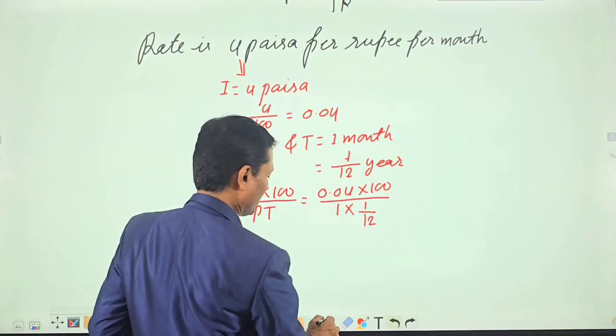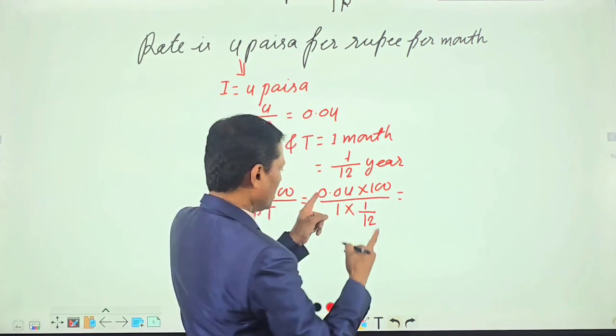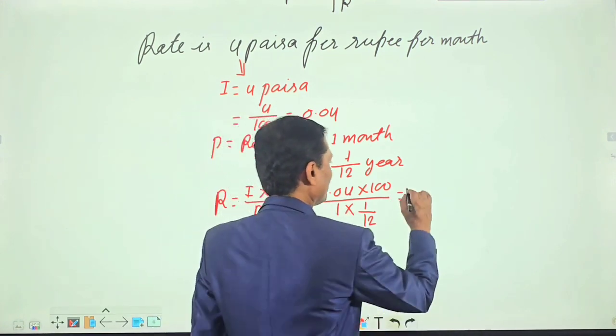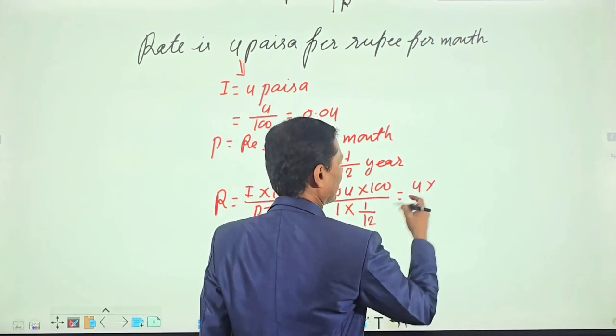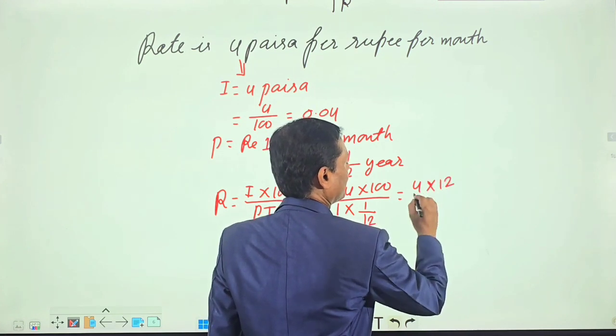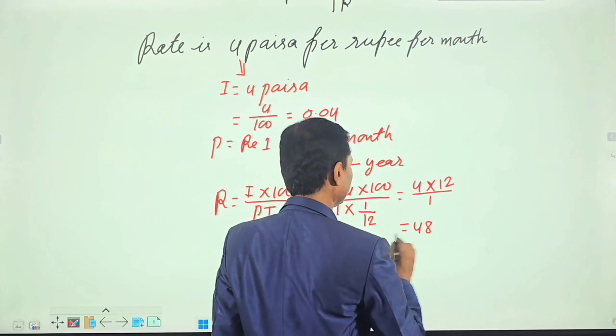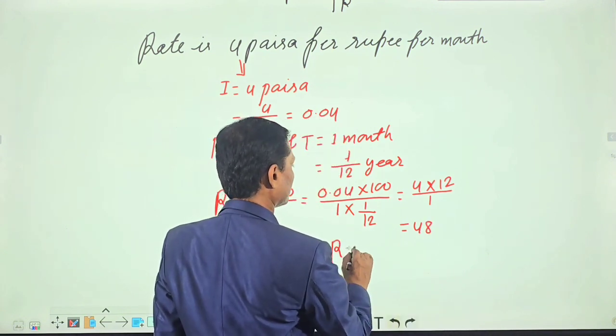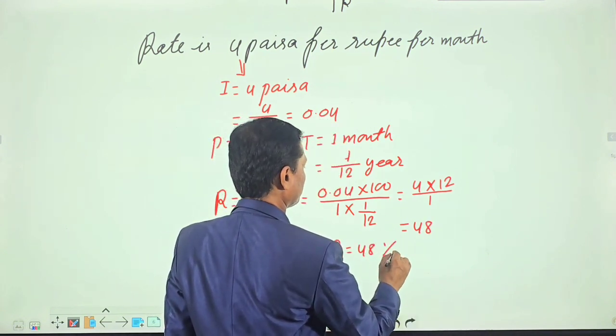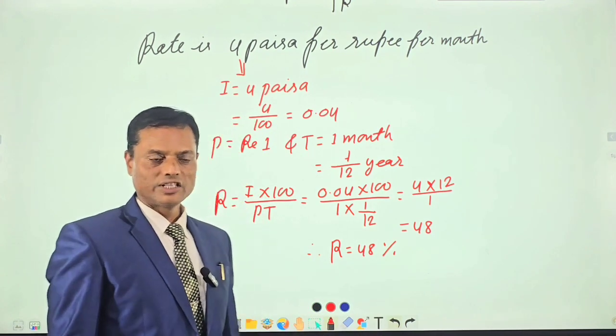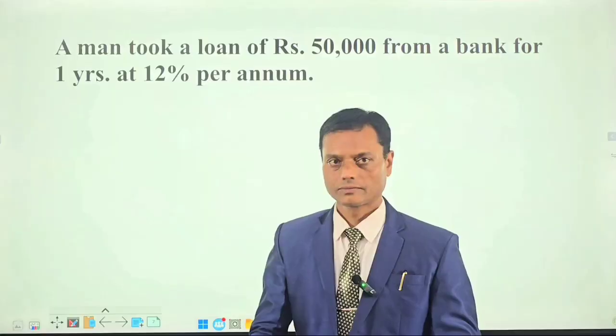And after that, we can write 0.04 into 100, we have 4, and that 12 goes up, so we'll have 12 over 1, and that is 48, isn't it? So we can write rate equals 48%. So in this way, we can find the rate very easily.